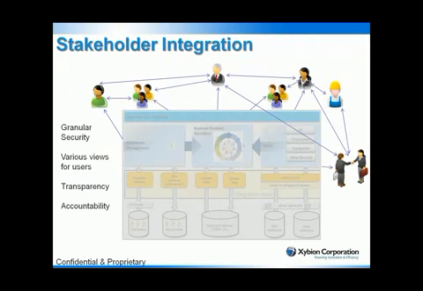And when we talk about that third level of integration, that stakeholder integration, that's taking that whole system and ensuring through the right notifications, through the right alerts, through the right flagging, through the right reports, through the right collaborative interfaces, through the right security, that each user in the organization has the right views, has the right customized reviews.